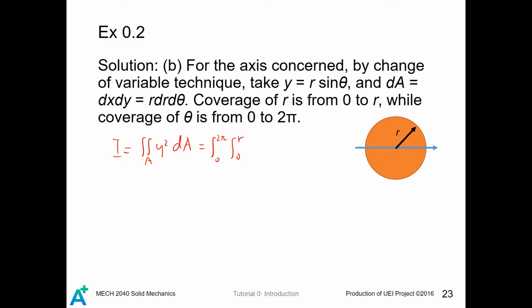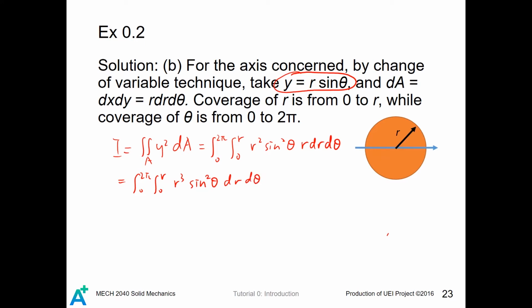We know that y equals r sine theta. Then you can write r squared sine squared theta because it is y squared, and dA equals r dr d theta. The integral would become 0 to 2 pi, 0 to r, r cubed sine squared theta, dr d theta.